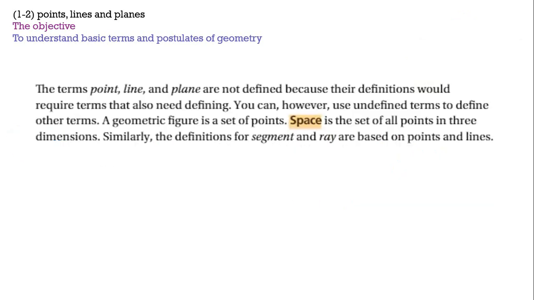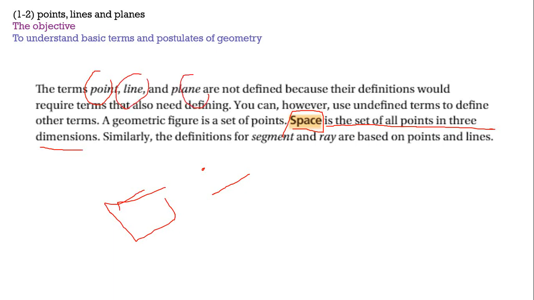In the next part, let me explain some vocabulary before I move on. Here we have the meaning of space. Space is the set of all points in 3 dimensions. So space includes the points, segments, planes, everything that we learned: points, line, plane, all these are in space.